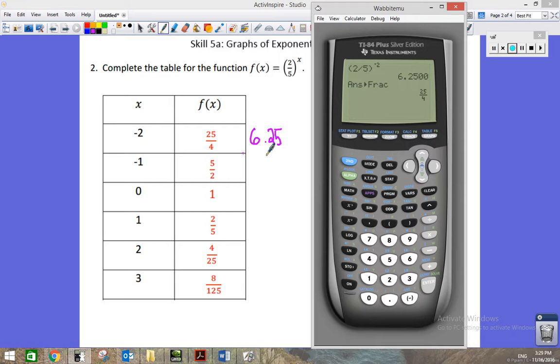So let's bring back my base, and let's change the exponent to a negative 1. I'm getting 2.5. And 2.5 as a fraction, hopefully you can see that's 5 halves.